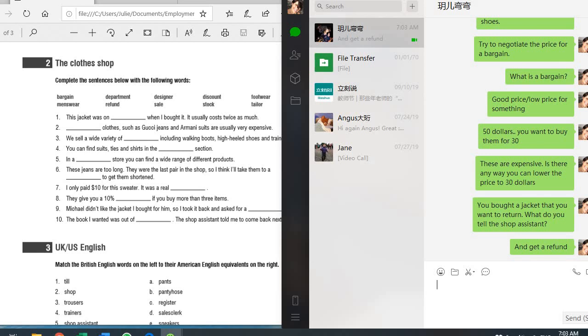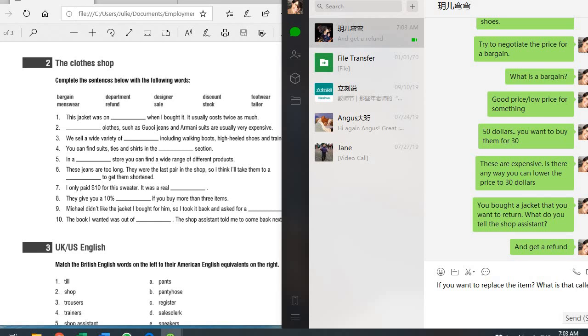If you want something in the store as a replacement, what is that called? Do you remember? And get a refund. If you want to replace the item, what is that called? So you don't want your money back.